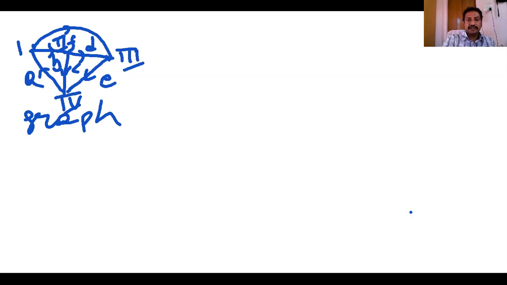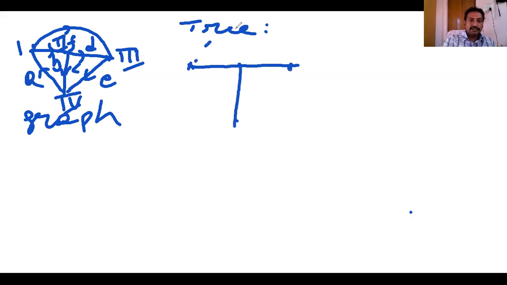Okay, first draw the tree. So 1, 2, 3, like this. So this is a tree. Then you add the link.